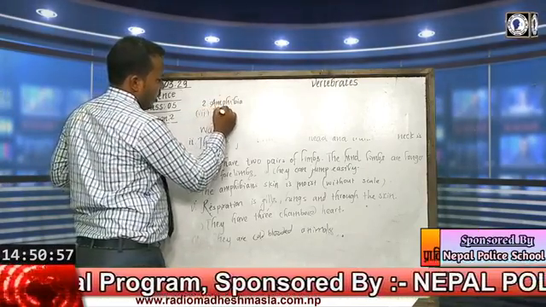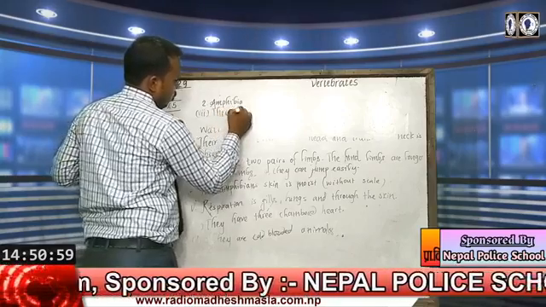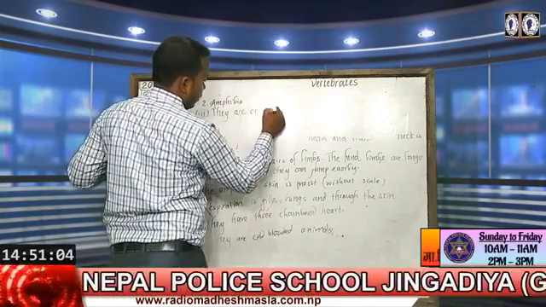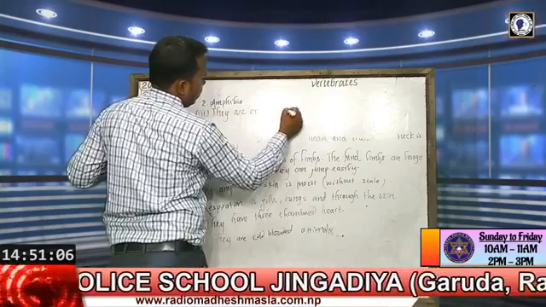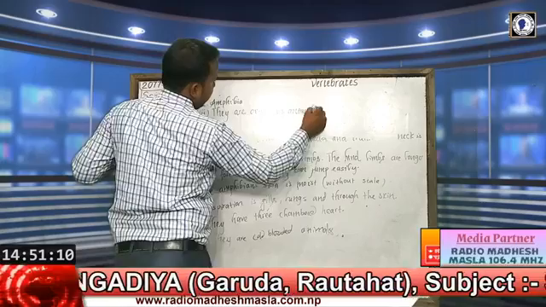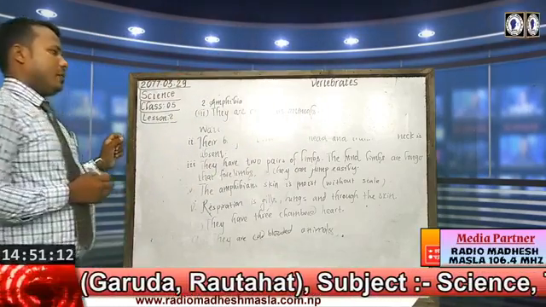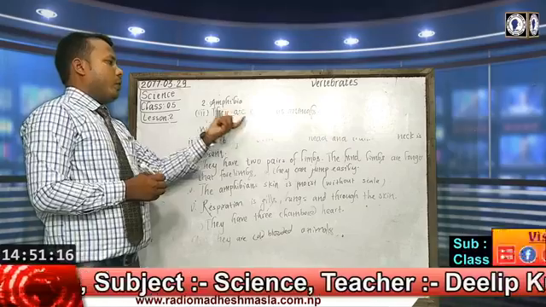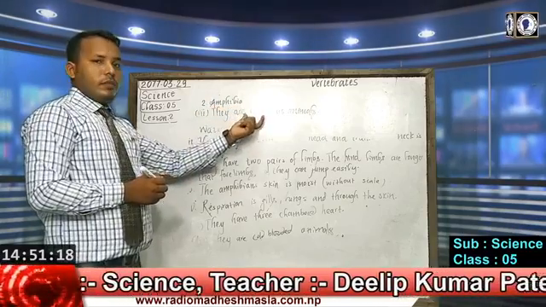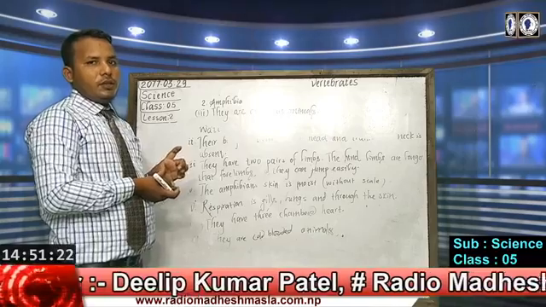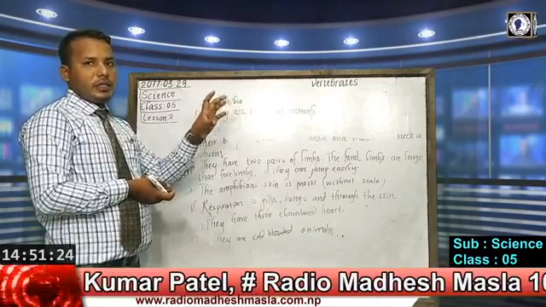Amphibians are oviparous animals. Do you know oviparous animals? Laying eggs animals are called oviparous animals, because they reproduce their babies from laying eggs, isn't it?